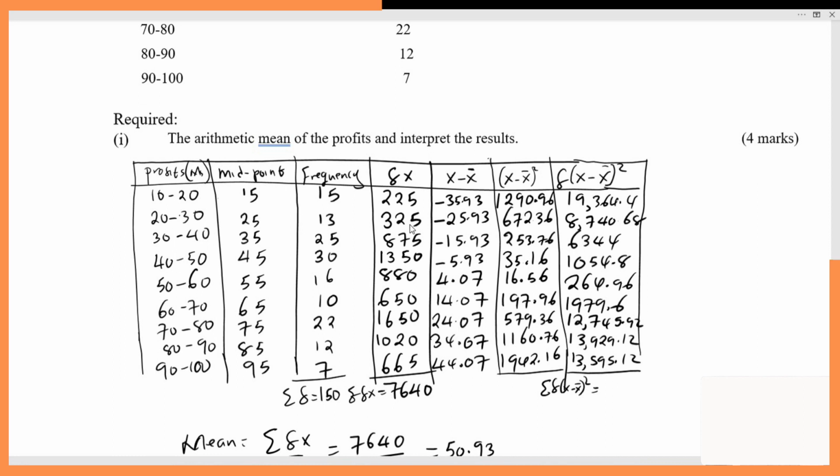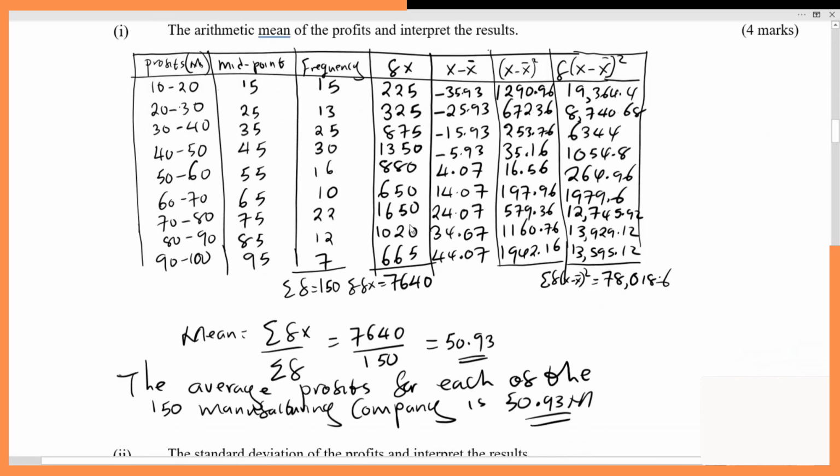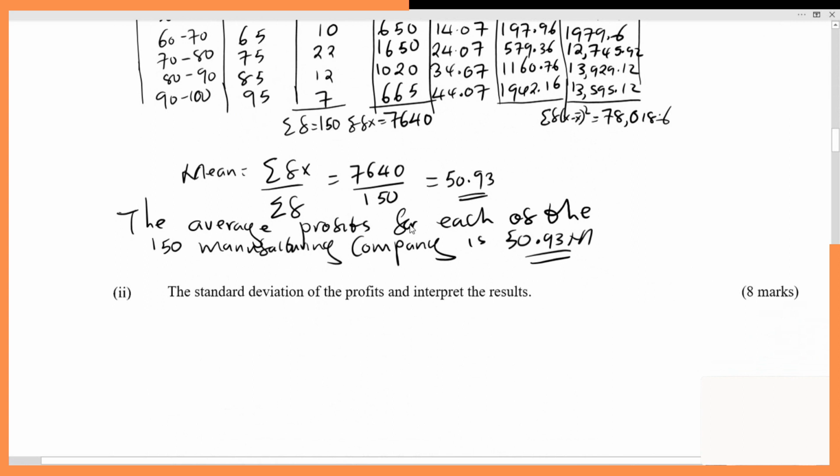What do you get here? The total is 78,018.6. Now, let me confirm this: 35.16 times 30. Yes, it was 1054.8. Good.